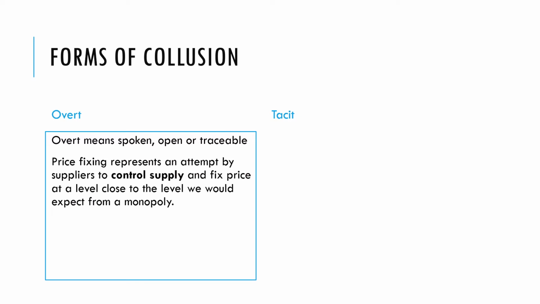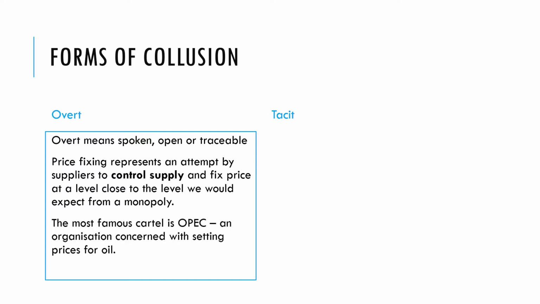Often this involves talking about prices, and price fixing is where businesses attempt to control supply and fix price at a level close to what we would expect if the businesses were acting as a single company, like a monopoly. The most famous overt cartel in the world is probably OPEC, an organization we'll talk about in a little bit, concerned with setting prices for oil.